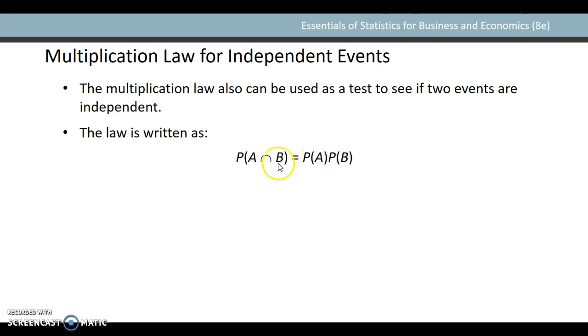So here, let's say that A and B are both a 10 coming up: a 10 coming up on this spin, and a 10 coming up on the last spin.